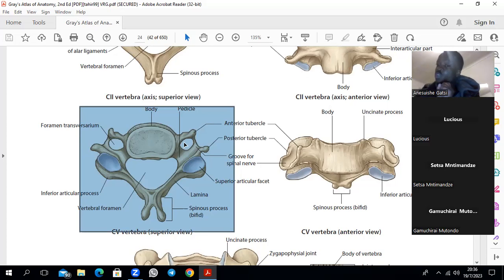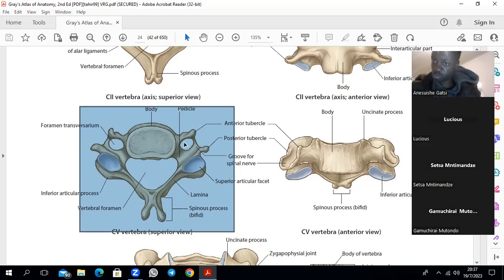So this is now the joint between C1 and C2. This is what we call the atlanto-axial joint. It's the joint between the atlas C1 and the axis C2. I know there is more to these joints. There are ligaments and so on.